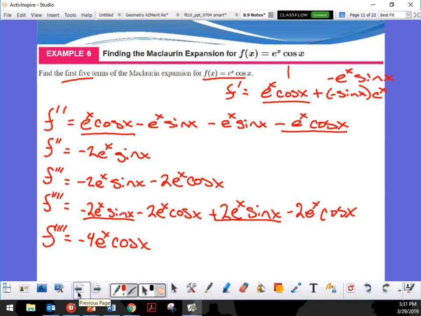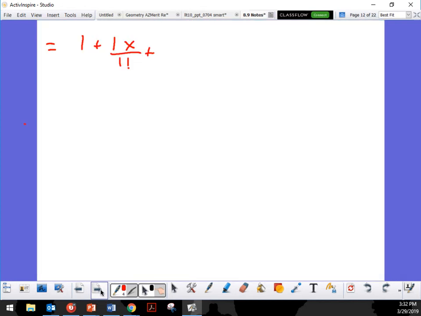All right, so now we're at the second derivative. Should be 0, shouldn't it? Yeah. Okay. There we go.